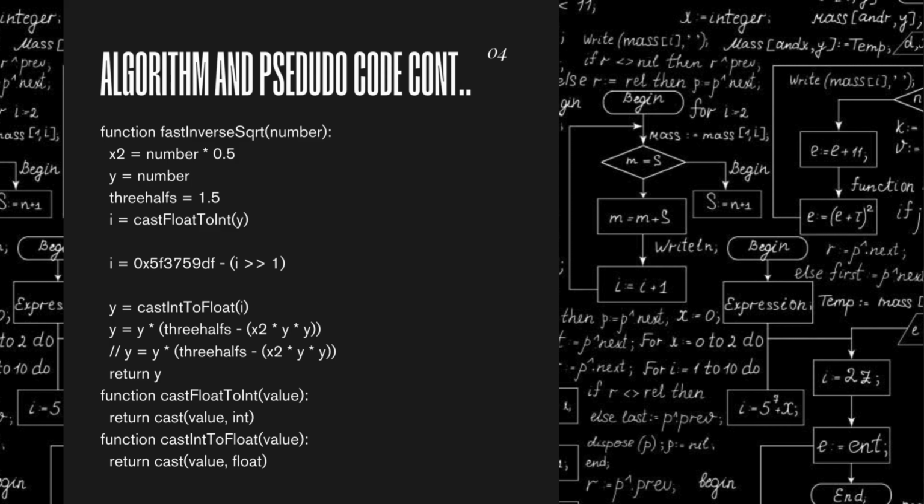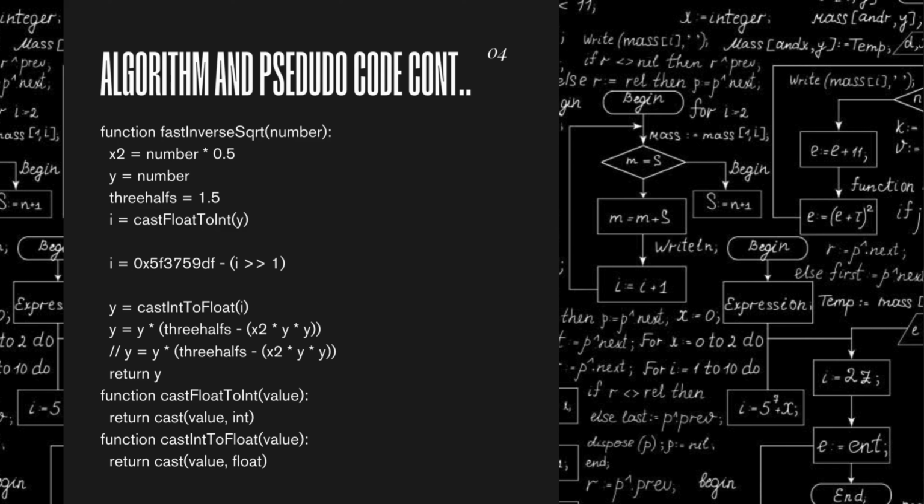This line applies a bitwise shift and subtraction to i. It involves the magic number manipulation specific to this algorithm. It is a key step that contributes to the speed of the algorithm. The line after that, y equals cast into float i, converts the modified integer i back to the floating point number y.